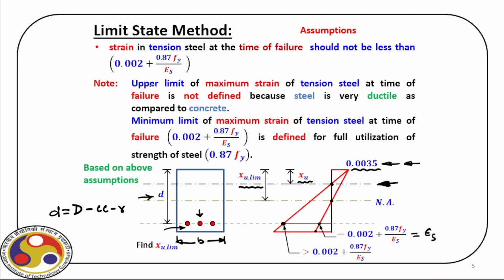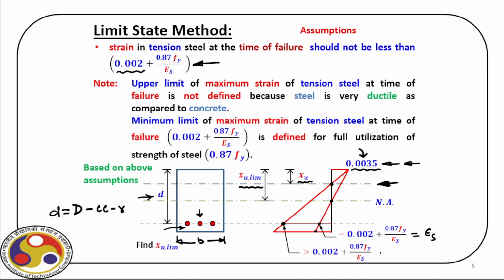So the main issue to be noted in the strain diagram is the amount of strain in the concrete. Then at the time of failure, the strain in the steel is 0.002 plus 0.87 Fy by Es. This we have already discussed in the previous lecture. Then the condition is that this is the minimum value.